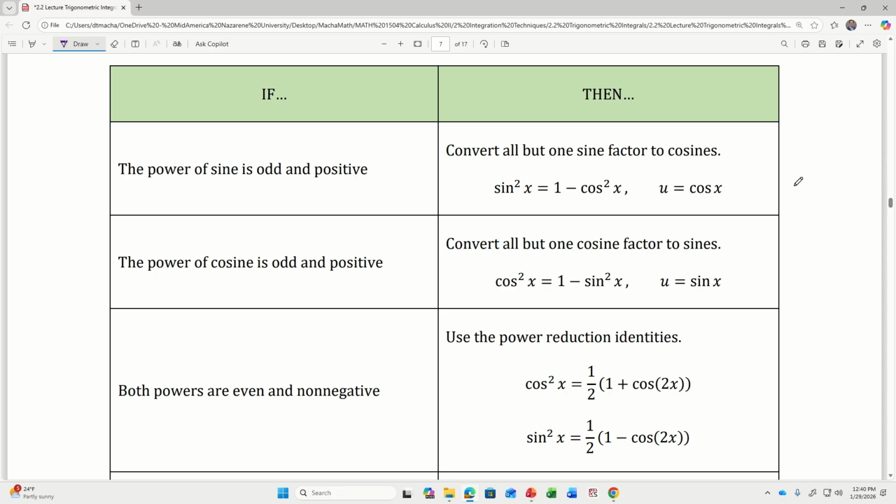And that's the whole reason behind it: if I convert all but one sine factor and do this u substitution with cosine, then I get a sine of x dx.